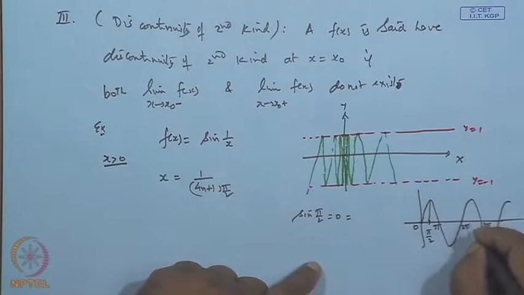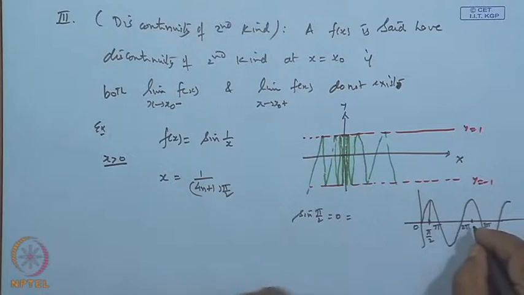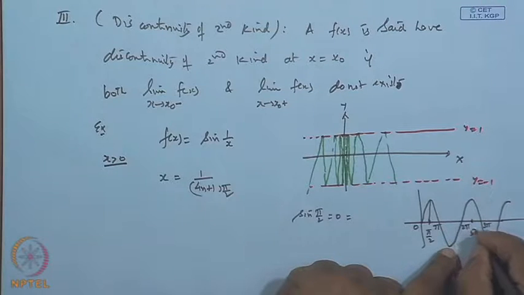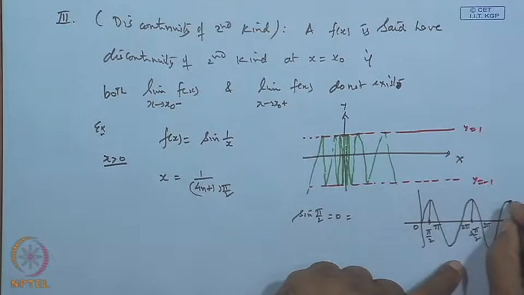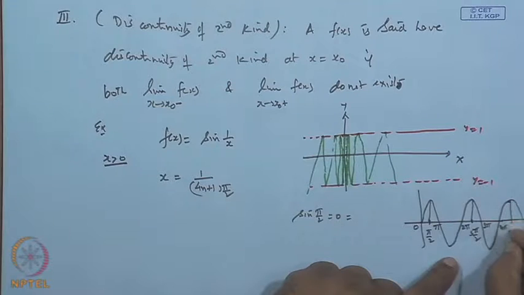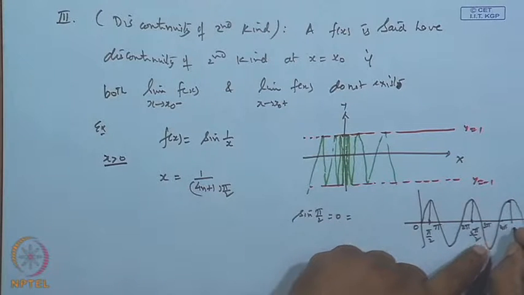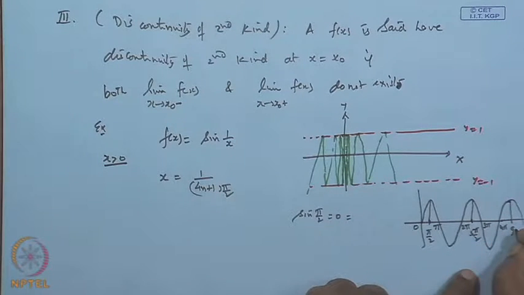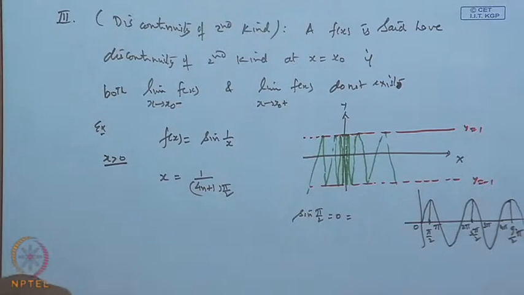Sine of 5 pi by 2 has value 1, and sine of 9 pi by 2 also has value 1.